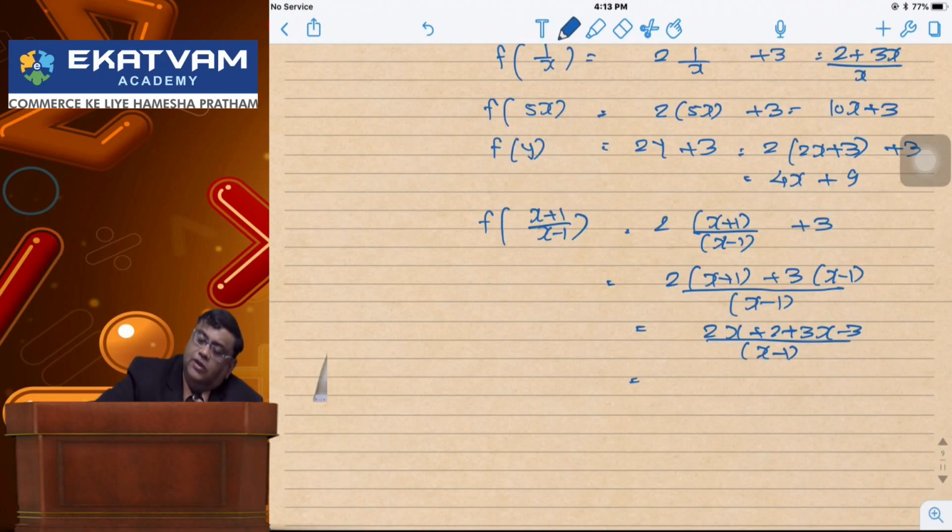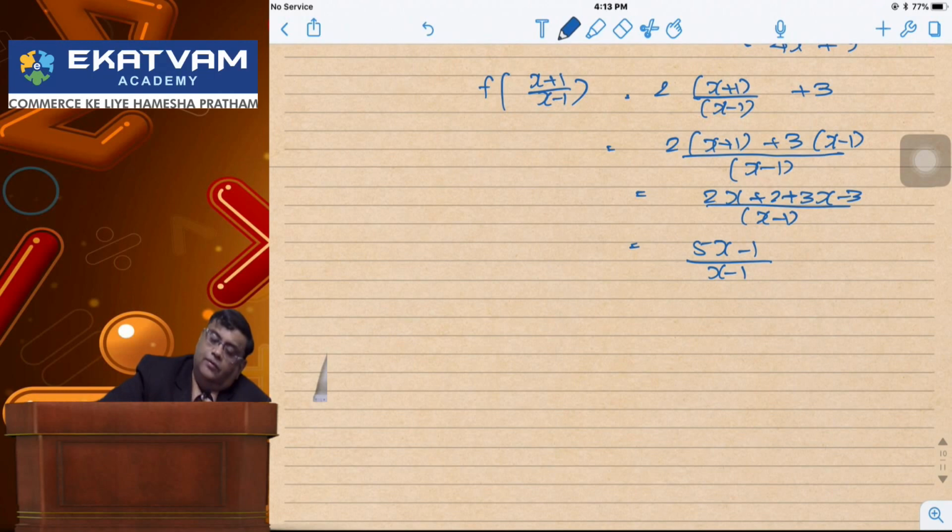So this will be equal to (5x - 1)/(x - 1). So you just have to replace x by what they want and you get what you want. That's the essential logic here.